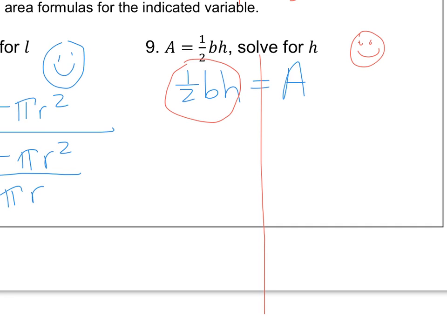Now, divide, divide, divide. There's two ways to look at this. I've taught you how to divide with fractions using the calculator. That's the way we're going to do this process. If you already know how to multiply by the inverse, or that's the way you've been taught, that works exactly the same. But we're going to divide by our coefficient, everything that's not h. So we're going to divide by 1/2 b on both sides.